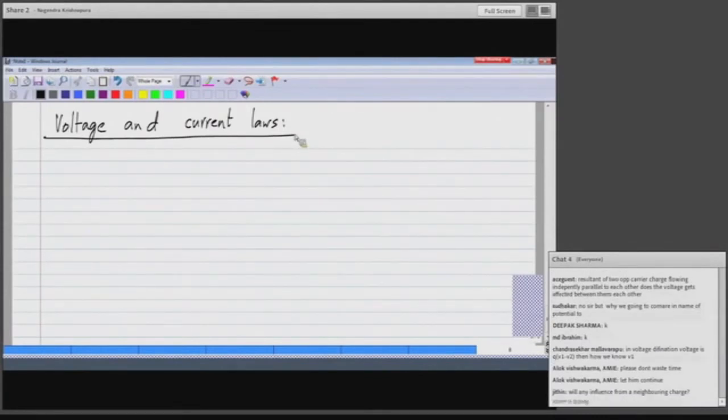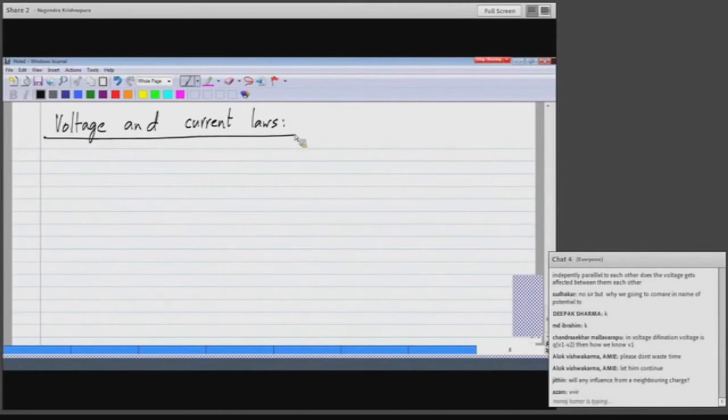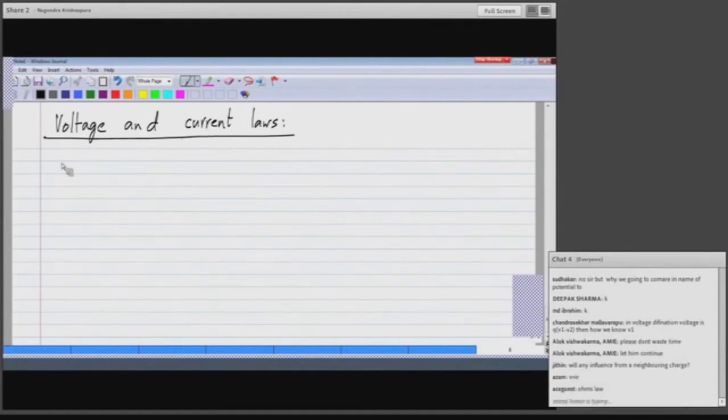Many of you would already know, this is known as Kirchhoff's current law.